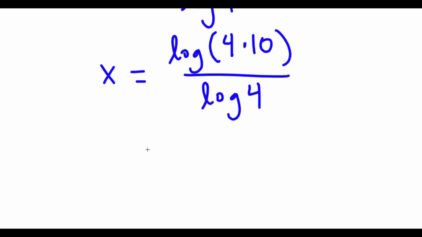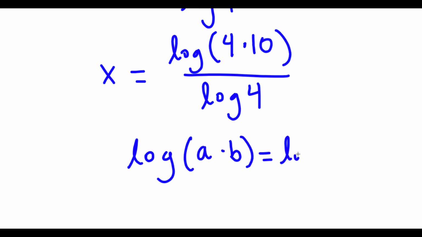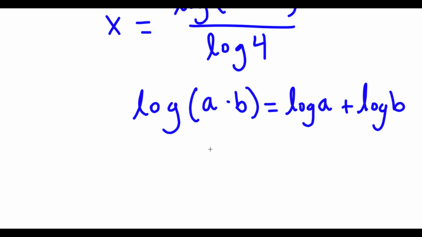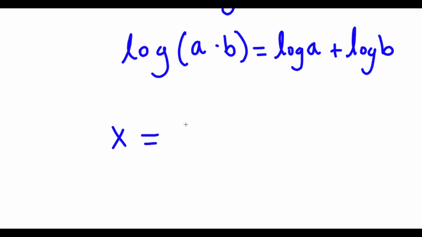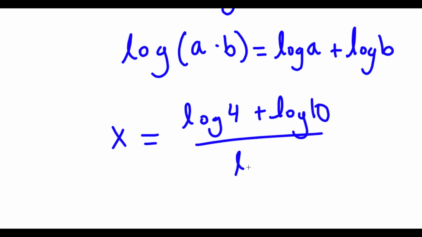And now if I have something in the form log a times b, this is equal to log a plus log b. So in this case, I have log 4 times 10, so this is equal to log 4 plus log 10, and now I have this over log 4.